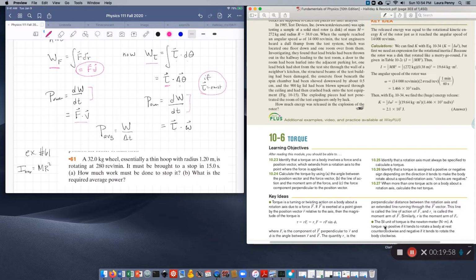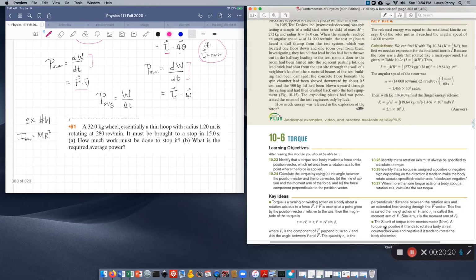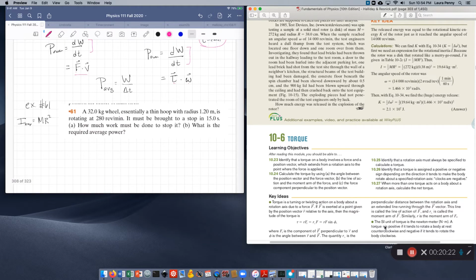I'm not going to add those to the table, but every place we have force, we put in torque. Any place we have velocity, we put in omega. Any place we have a, we put in alpha. Everything in those tables just turns into a new equation, and you substitute the new angular parameter.